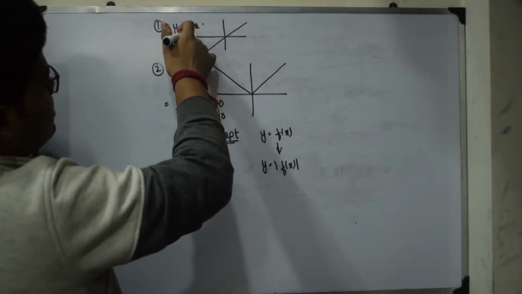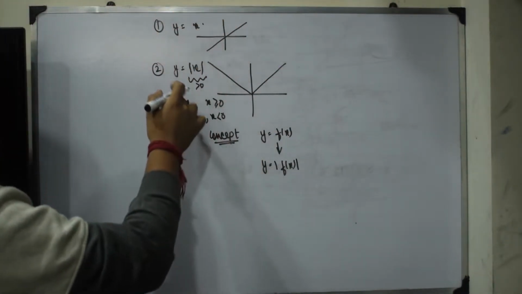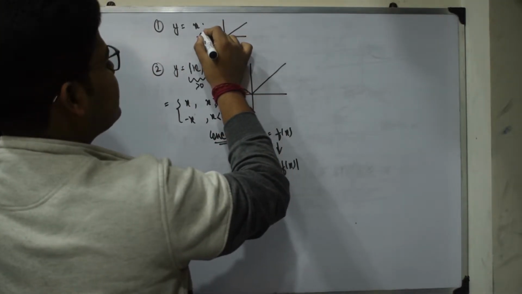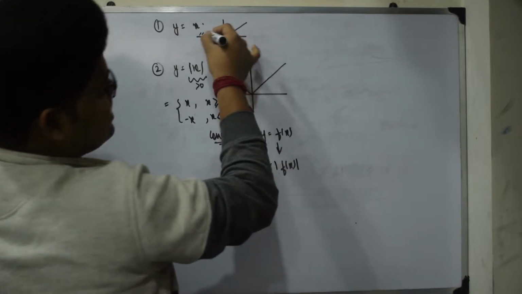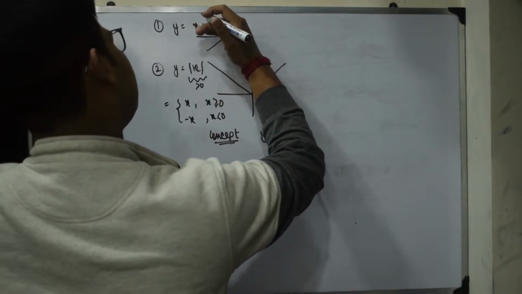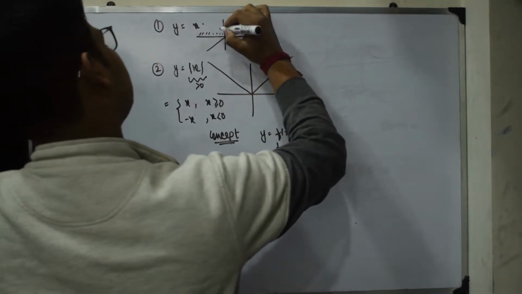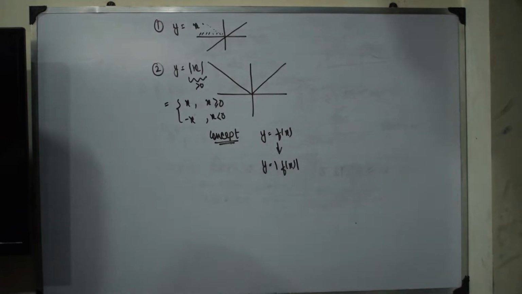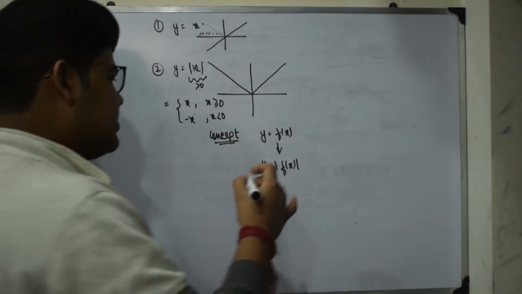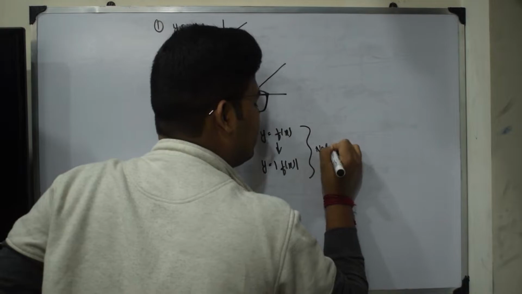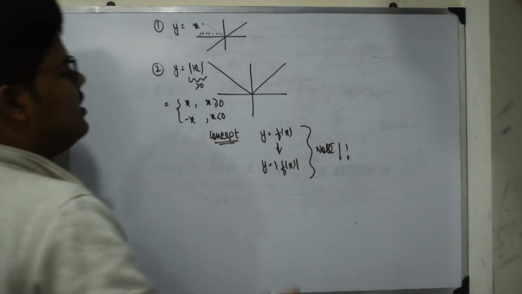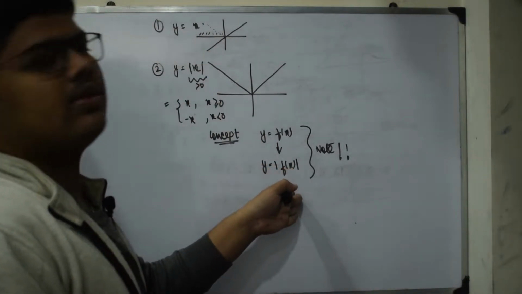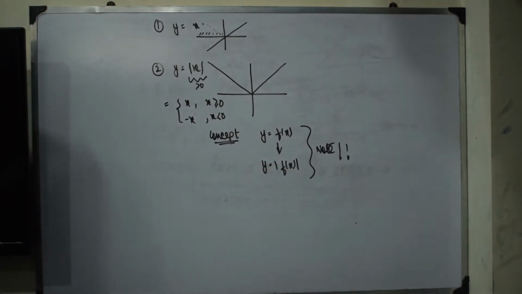For example, y equals x is transformed to y equals mod of x; considering the x-axis as the mirror, this is the portion below the x-axis, right? So this will get reflected taking this as the mirror, so it would look something like this. So this is the concept. If you don't know this, you may note this down right now, and also in the upcoming videos there will be a separate video on this concept about transformation, so you can refer to those.